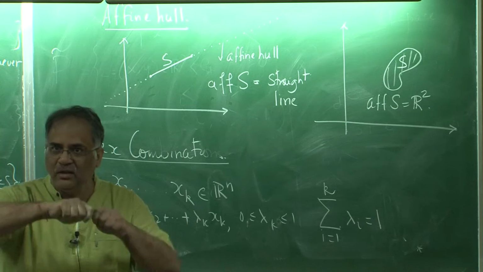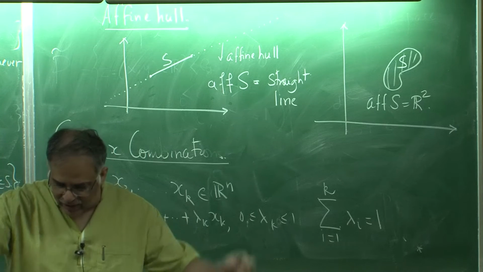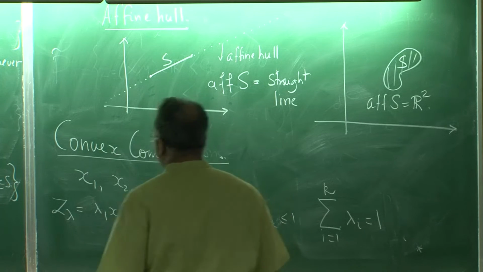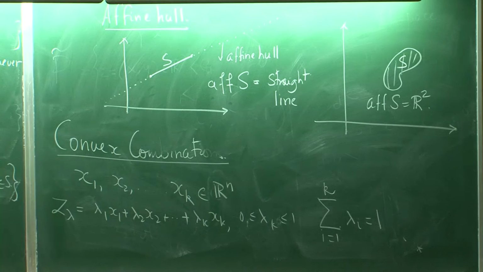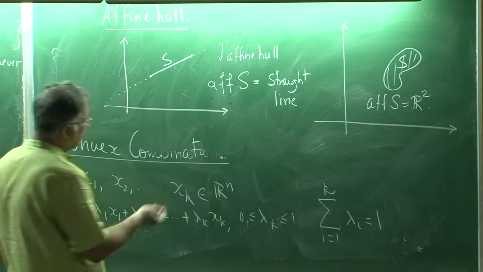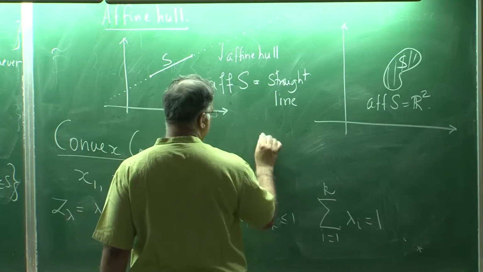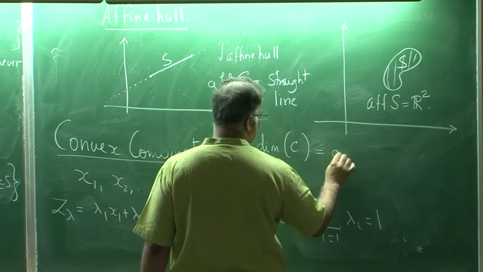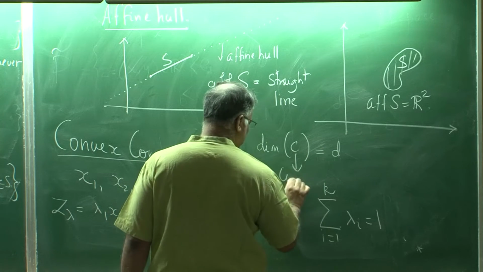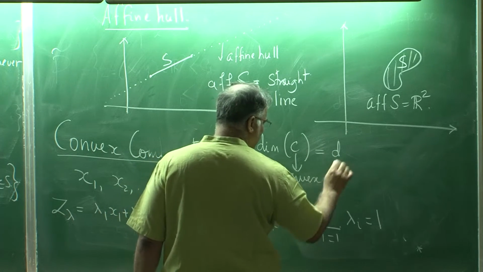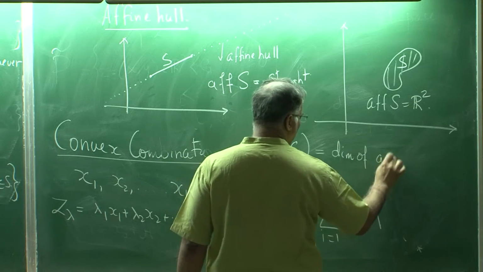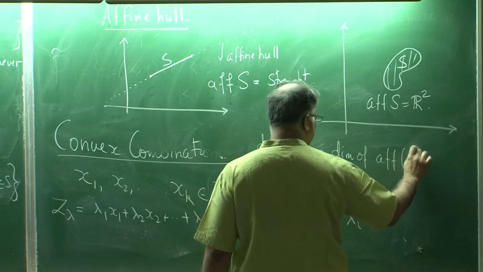So, all the affine lines generated because of this translation would have dimension 1. So, here is an important definition: the dimension of a convex set C is the dimension of aff C.